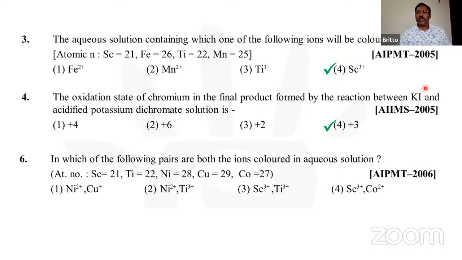So whether you use iodide ion, or Fe2 plus, Sn2 plus, or any other agents, it will be the same thing, because chromium is reduced from plus 6 to plus 3 when dichromate is used.